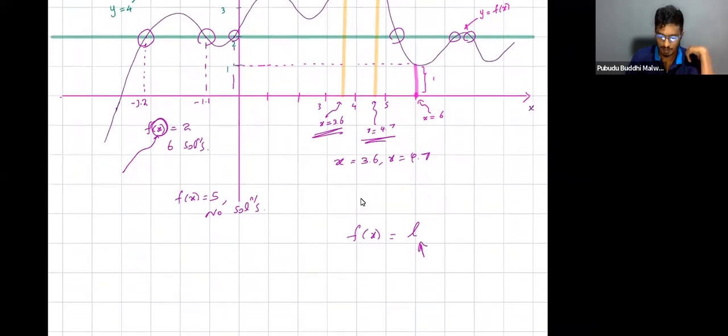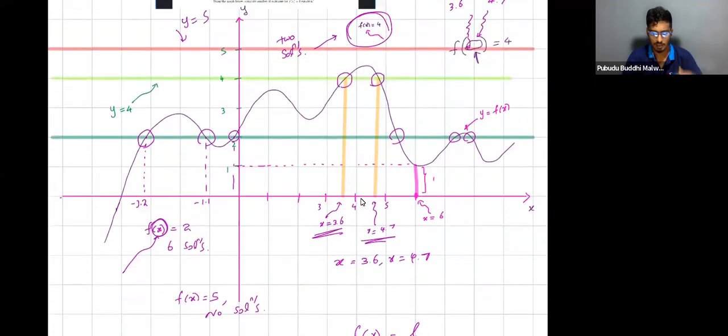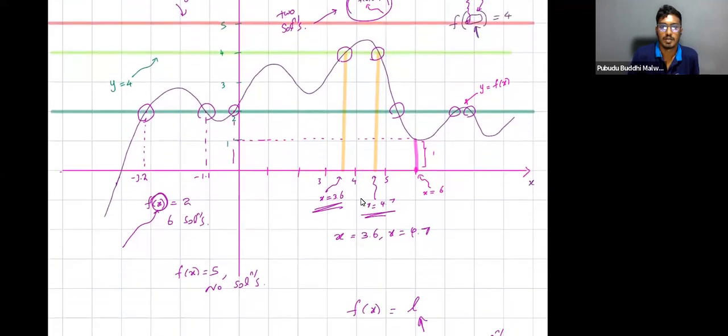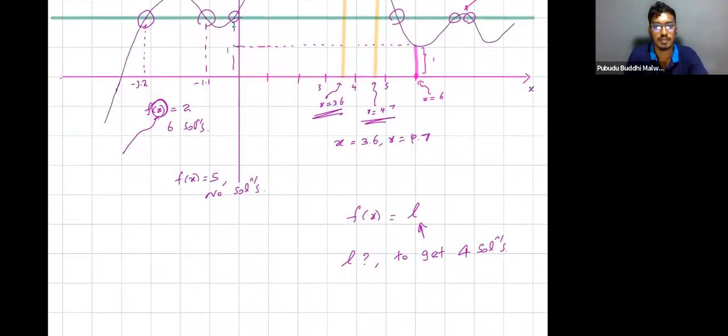For example, what are the possible values for L to get 1 solution, or 2 solutions, or 4 solutions? What do you think? Think about that. We can discuss that.